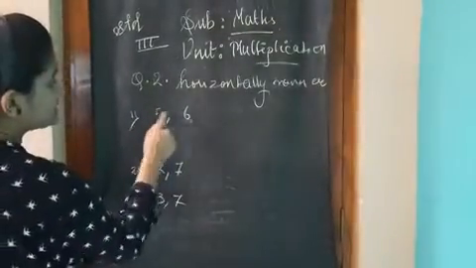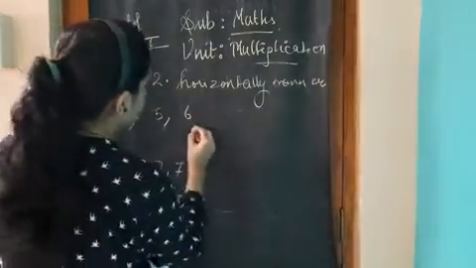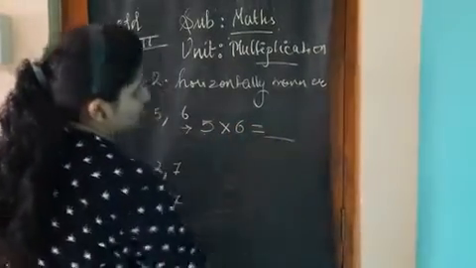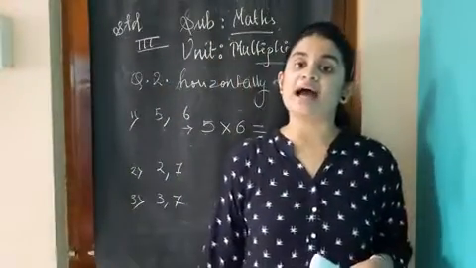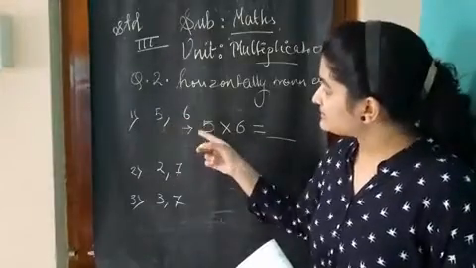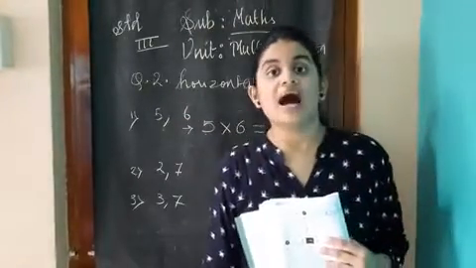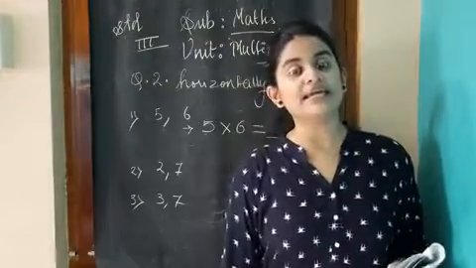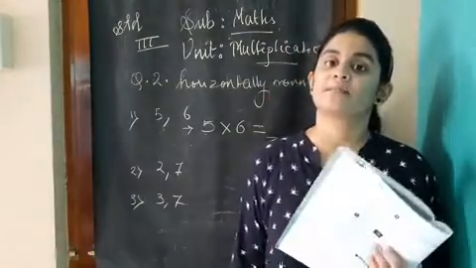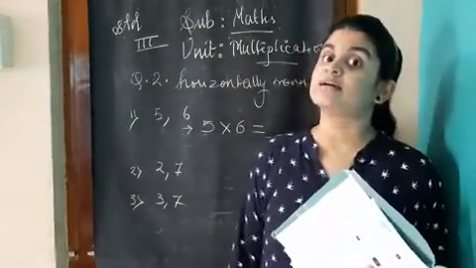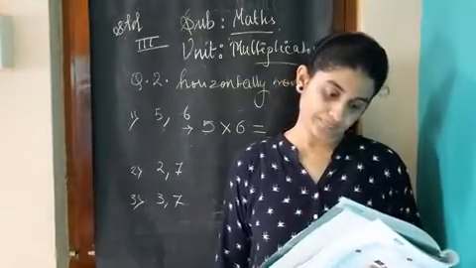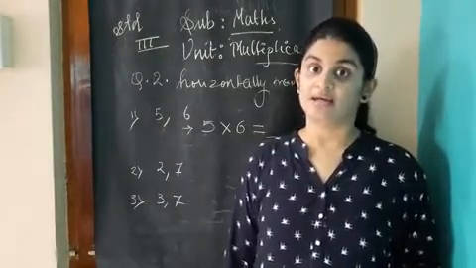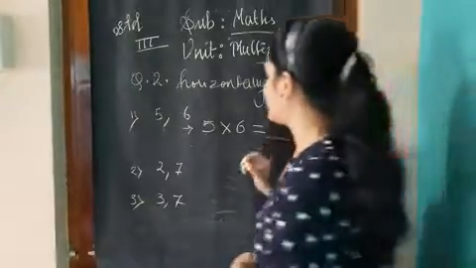Let us arrange 5 into 6 is equal to. So children, what will be the answer of 5 into 6? I have arranged these numbers in horizontal way. Now you have to tell me what the answer will be. So who will tell me what is 5 into 6? Anyone? 5 sixes are 30. Right, students? So now we will write the answer 30.